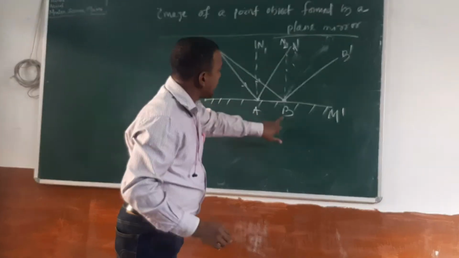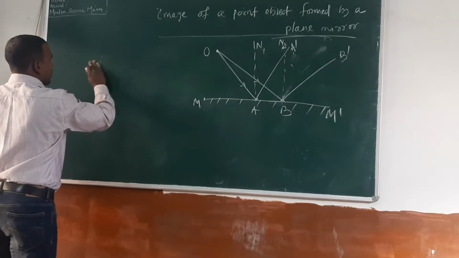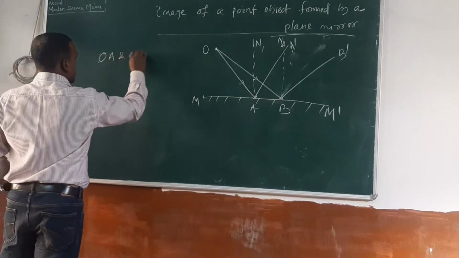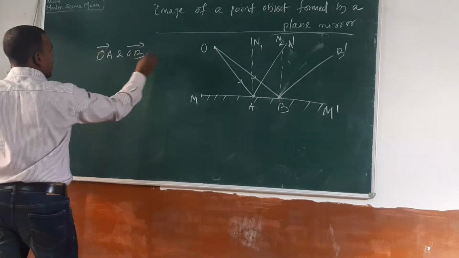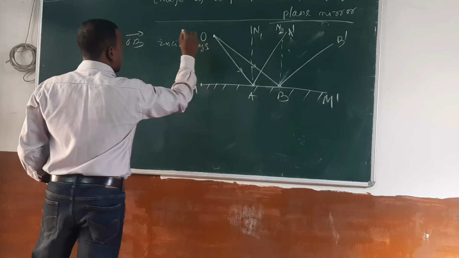A N1 and B N2. So we can write OA and OB are the incident rays.